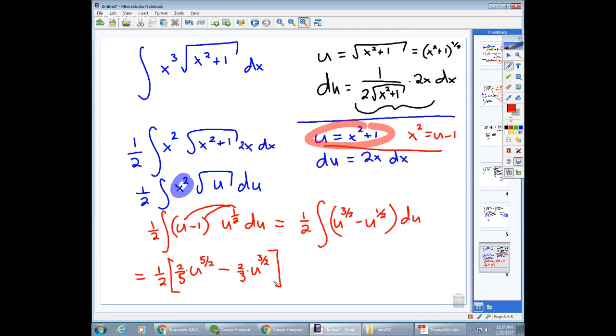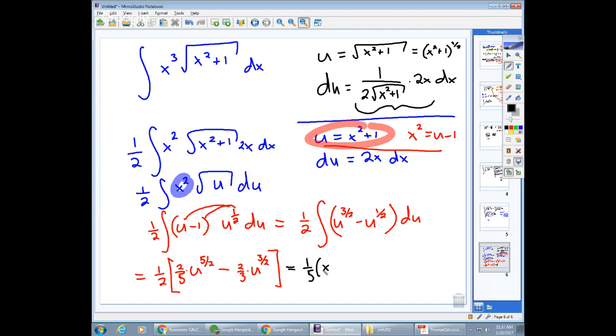I think I'm just ready to reverse substitute. So reverse substituting u equals x squared plus 1 and multiplying the half through here, it looks like an antiderivative is 1/2 times 2/5 would be what, 1/5?